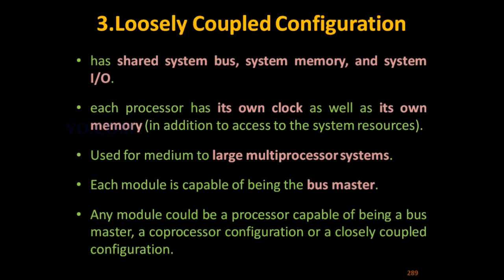Each module in the loosely coupled configuration is an independent microprocessor-based system with its own clock source, and its own memory and I/O devices are interfaced through the local bus. Each module can also be a closely coupled configuration of processor or coprocessor.